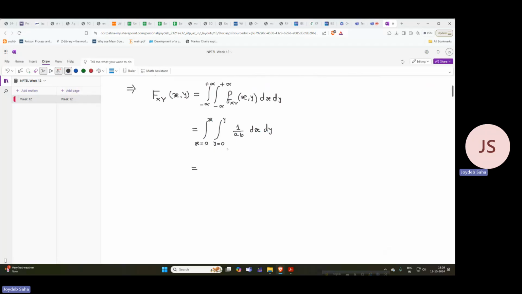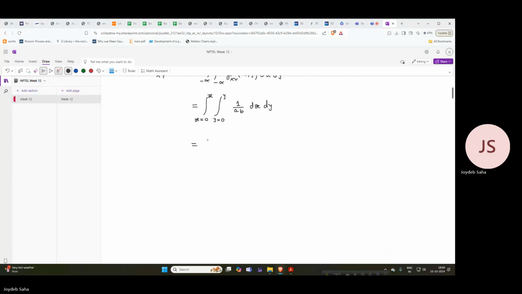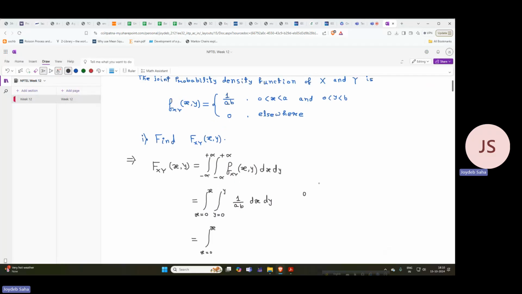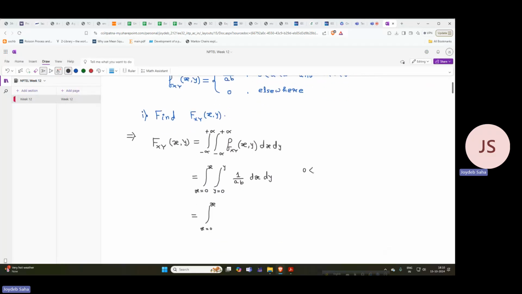The limits are zero to x, with the condition 0 less than x less than a, 0 less than y less than b.